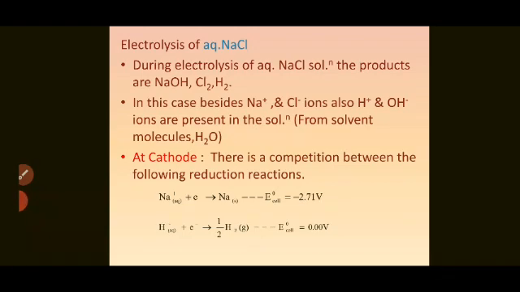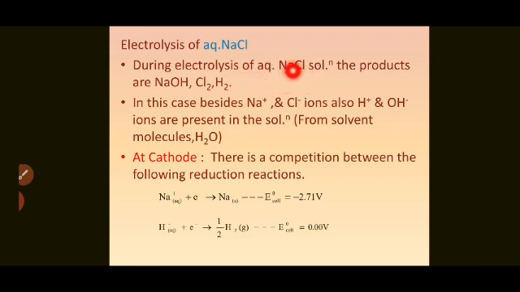Electrolysis of aqueous NaCl. During electrolysis of aqueous NaCl solution, the products are NaOH, Cl2 and H2. Now here you may get surprised, we are taking aqueous NaCl solution, and how are we getting the product as NaOH? See here, we are taking aqueous NaCl solution.